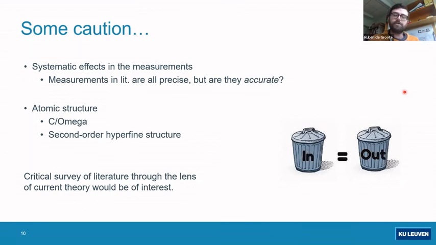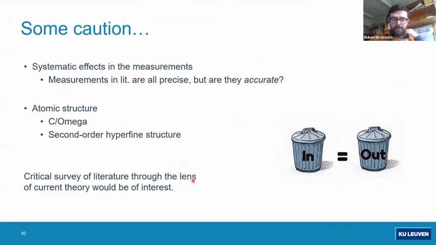Some of these calculations were done empirically a long time ago, so we can wonder whether or not they are accurate. We can also wonder if the measurements are reliable, since they've never really been repeated. I'm sure they're precise, but are they also accurate? Are there systematic effects which may have been missed? I don't know, and that's something that would be interesting to find out.